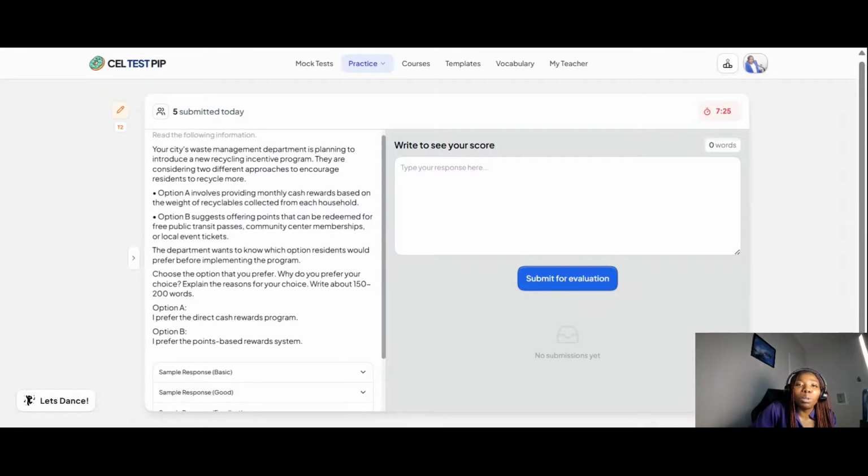I will write it. I hope I'm able to come up with something reasonable this time around. My brain is already going bland. So to counter it, you say admittedly or undeniably, you acknowledge the second option. You say admittedly, option B would encourage a better, healthier lifestyle amongst the residents.